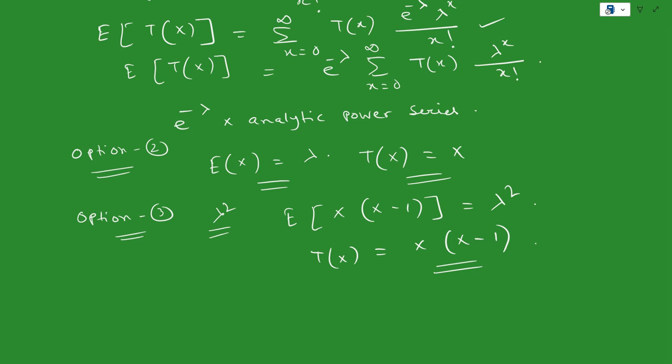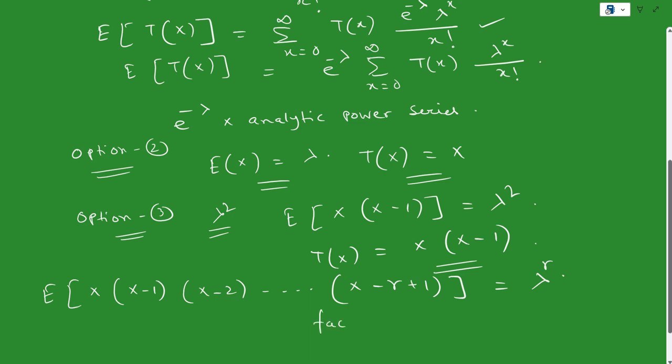For the Poisson distribution, in general E[X(X-1)...(X-r+1)] equals lambda to the power r, and this is called the factorial moment property. This is why all the polynomial powers of lambda are estimable.